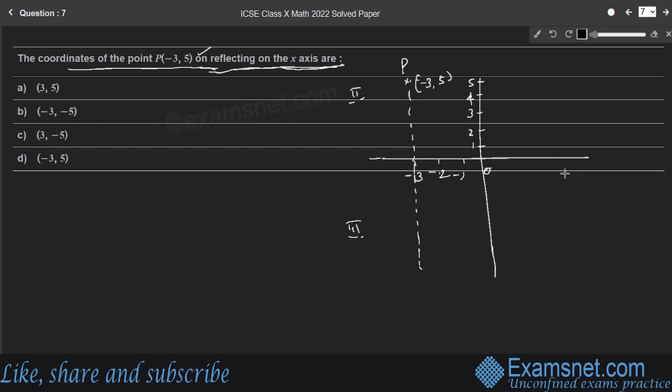Therefore, the x coordinate will be minus 3. Let P dash be the reflection of the point, its x coordinate will be minus 3 and, since it is third quadrant, the y coordinate will be minus 5. Therefore, the reflection of the point P will be minus 3 and minus 5. Option B is the right answer.